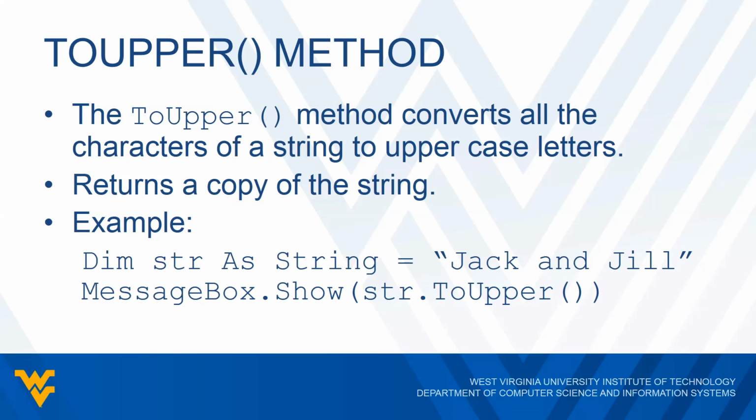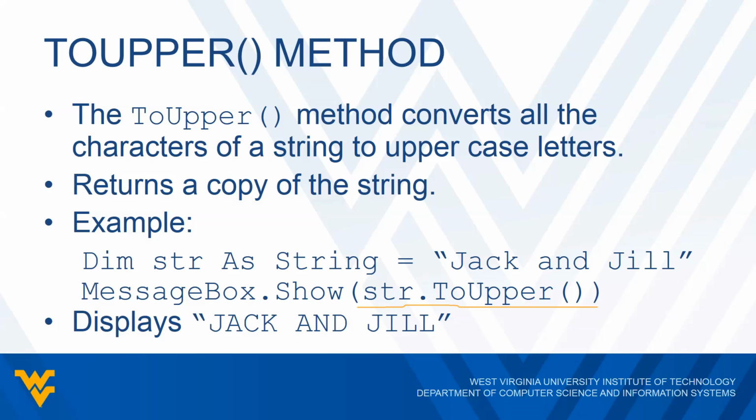So down here we are doing str.toUpper. We don't have to pass anything in here. This doesn't take any parameters or arguments. So we're invoking it on the string variable, which converts all the letters to uppercase, and then we return the resulting string. So this is going to print Jack and Jill with all of the characters now uppercase.